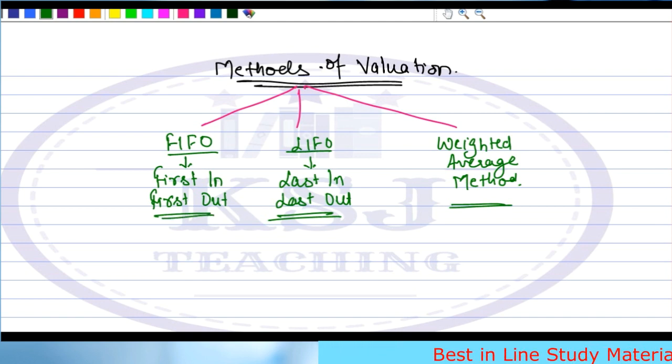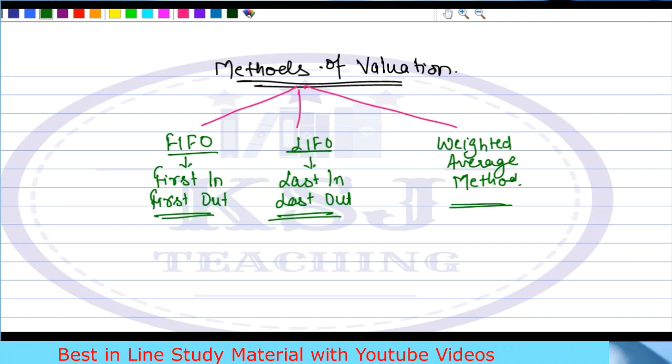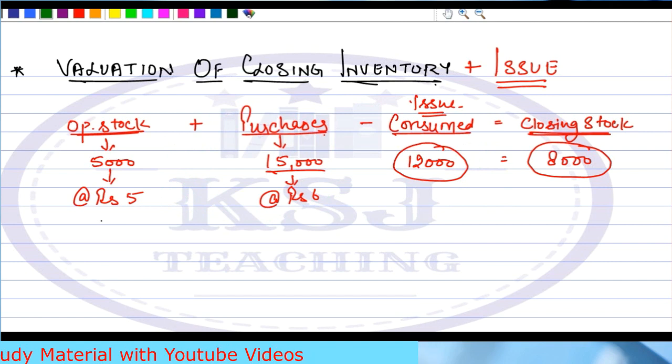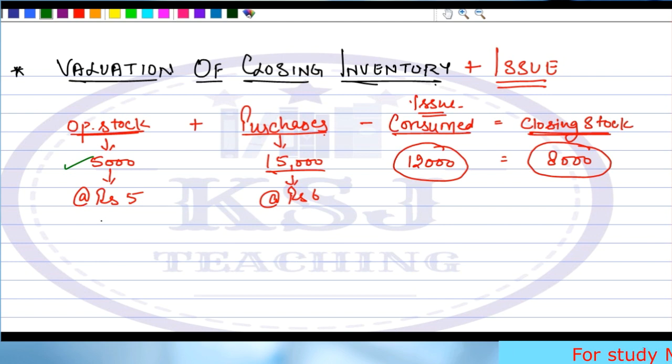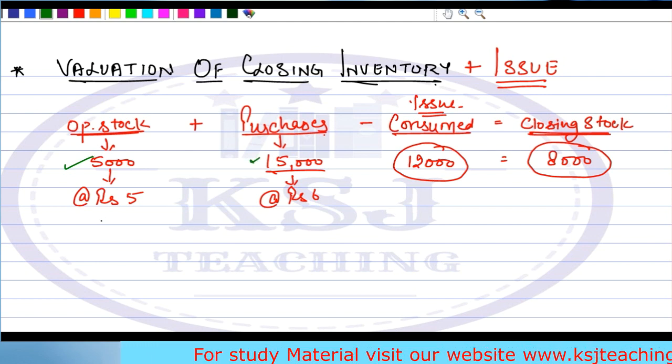First in, first out says the raw material which is received first has to be issued first. That means for this issue of 12,000, first we will utilize this opening stock of 5,000, because this material is received first, then the remaining 7,000 is to be issued from this purchases.